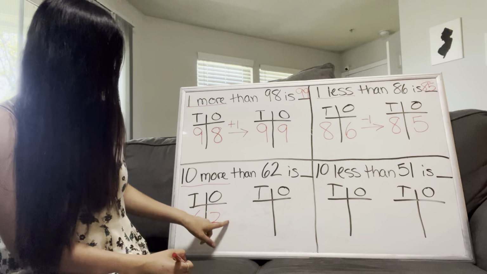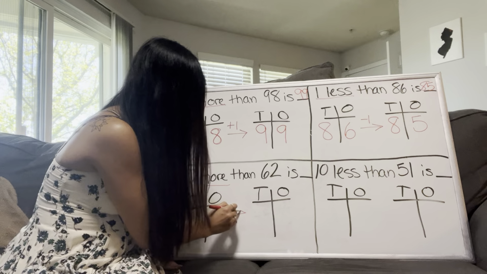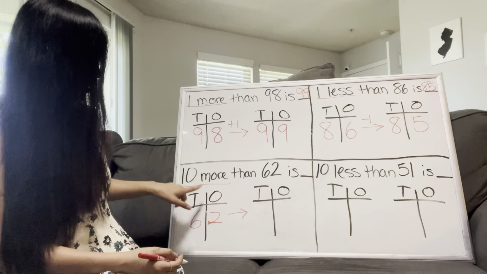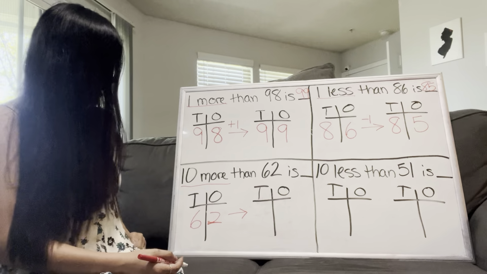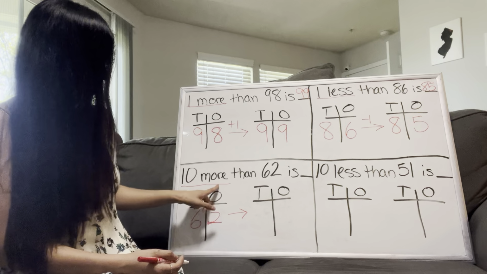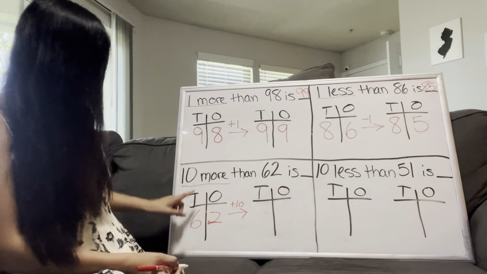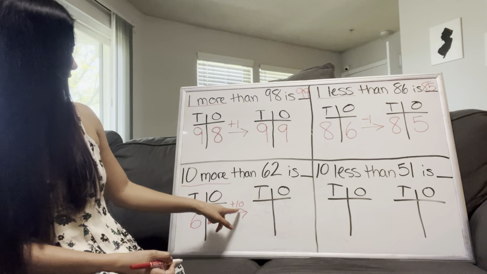And then I need to draw my arrow. 62 plus 10. 10 more means I'm adding 10.